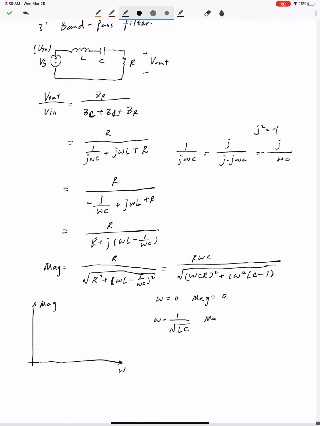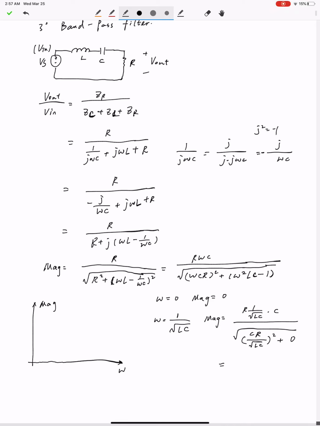The magnitude becomes r times 1 over square root of LC times C divided by the square root of CR over square root of LC together squared plus 0, right?